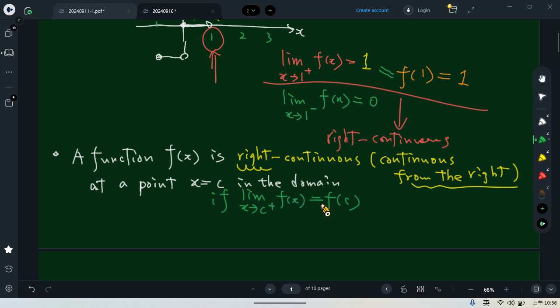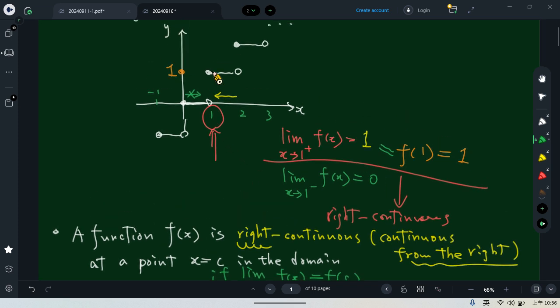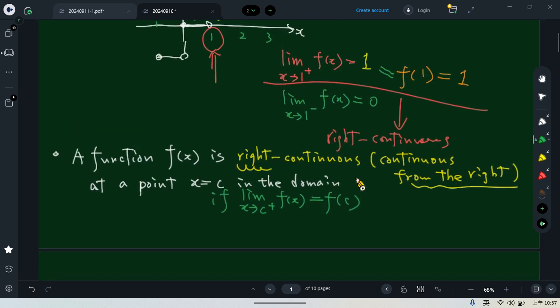Then we need to check if its value is the same as the function value at x equal to C. So you can check here from the right hand side, the limit value should be 1, and its function value is also 1. So it fits the requirement for the right continuous definition. So you can see this is right continuous.